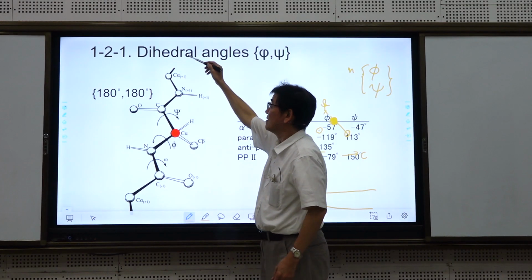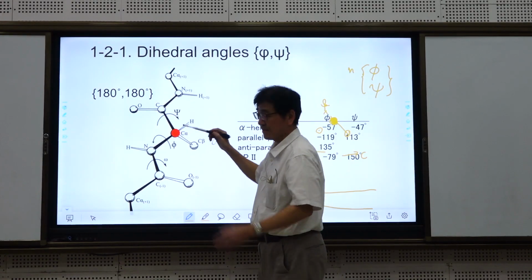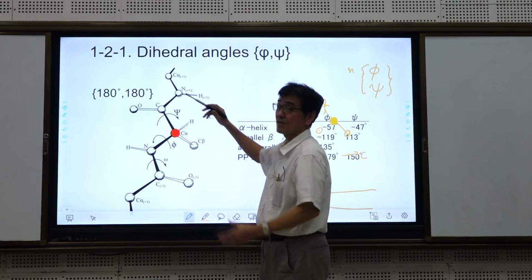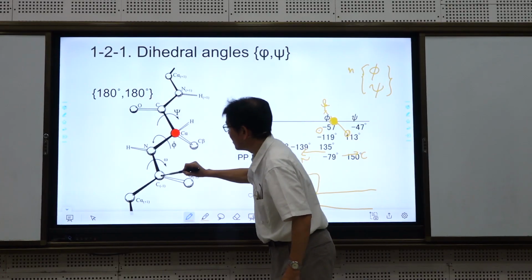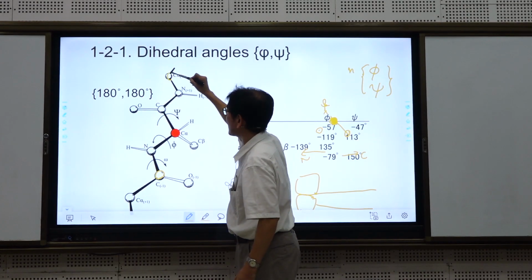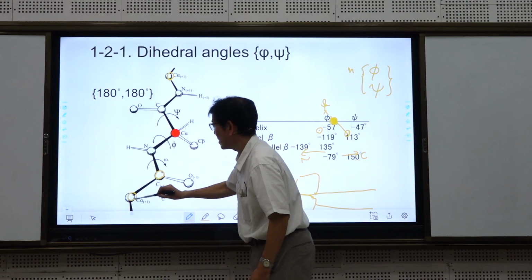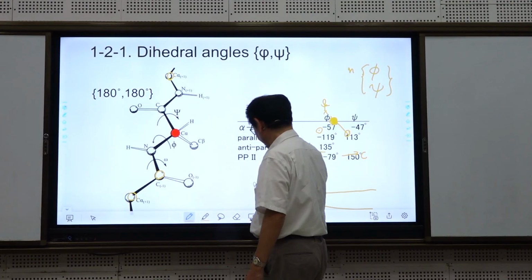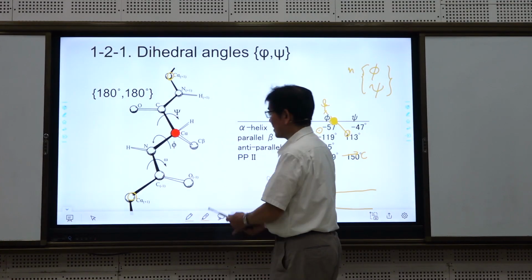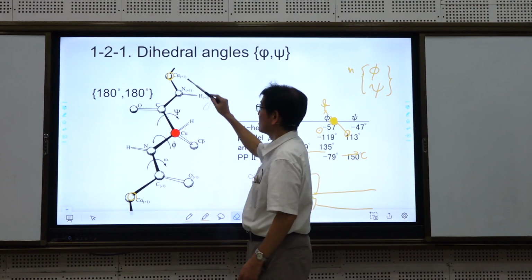And again, protein is a polymer that consists of amino acids. So there are carbon alpha, carbon alpha, carbon alpha, carbon alpha.